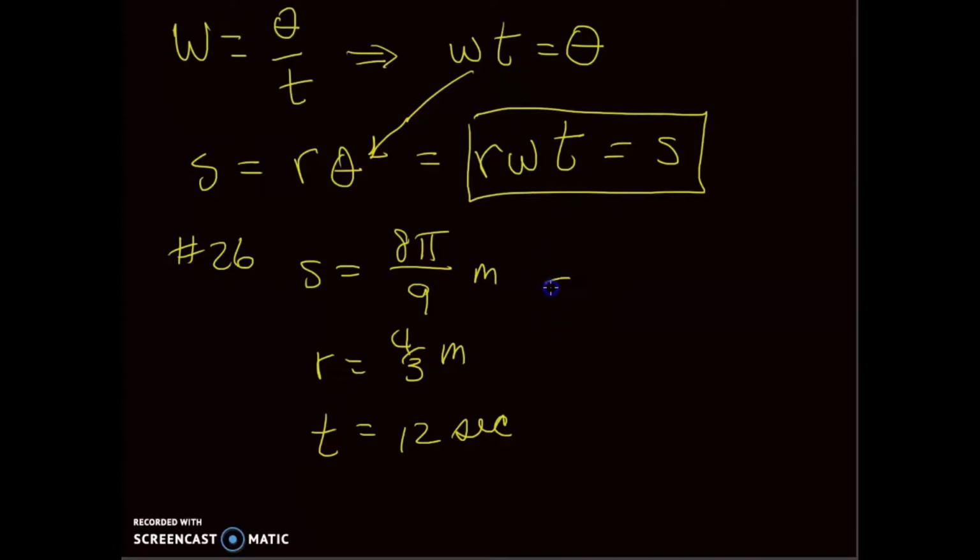Let's see. So S, which is going to be a linear distance, is the R, which is 12, times the omega. Oh, we don't have omega, do we? But we've got S. S is 8 pi over 9.